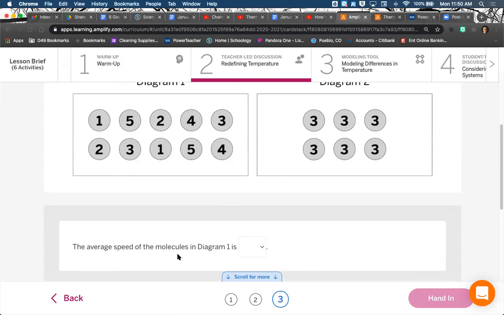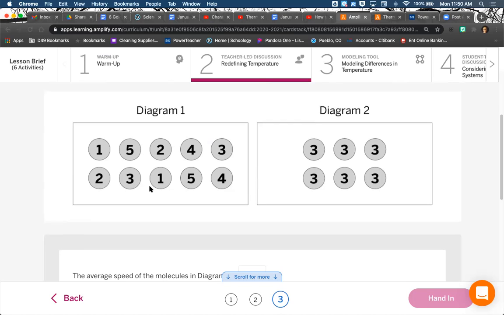Well, the average speed of the molecules in diagram 1, okay, so we have this diagram, and if we add across, we have a 1, 2, 3, 4, and a 5. And in the second row, we have a 1, a 2, a 3, a 4, and a 5.